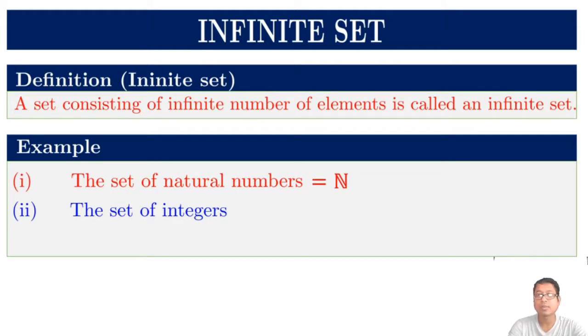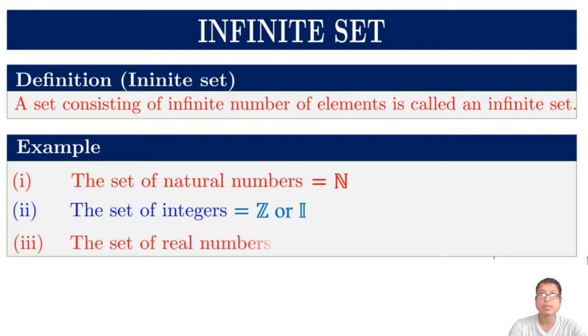The standard symbol to represent the set of integers is either Z or I. Let me consider another example, the set of real numbers. That is also an infinite set, and the standard symbol to represent the set of real numbers is R.